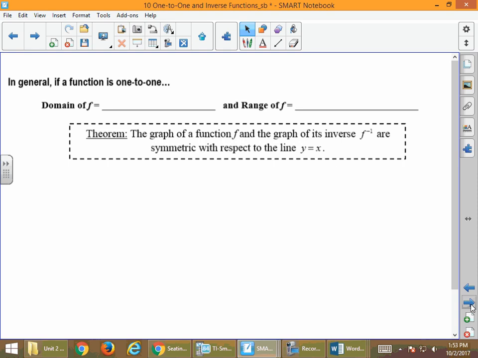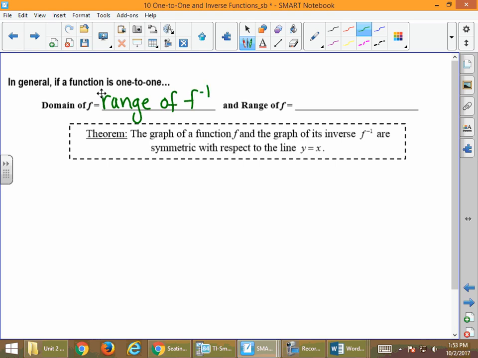In general, if a function is one-to-one, the domain of f is the range of our inverse. And the range of f is the domain of our inverse.